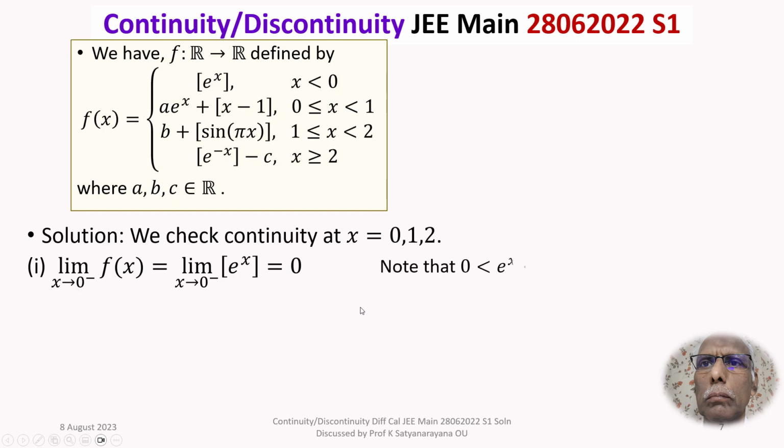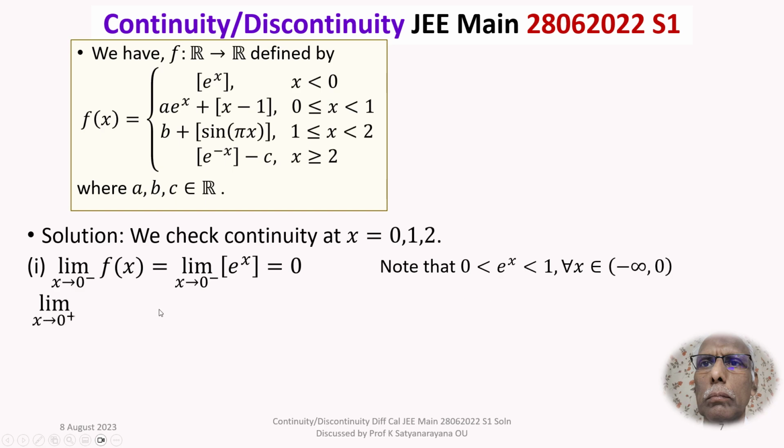Why? Because 0 is less than e^x less than 1 for all x belonging to minus infinity to 0. Note down, for x in minus infinity to 0, e^x takes values between 0 and 1. For that reason, [e^x] as x tends to 0 minus will be 0, because the greatest integer not exceeding e^x is 0.